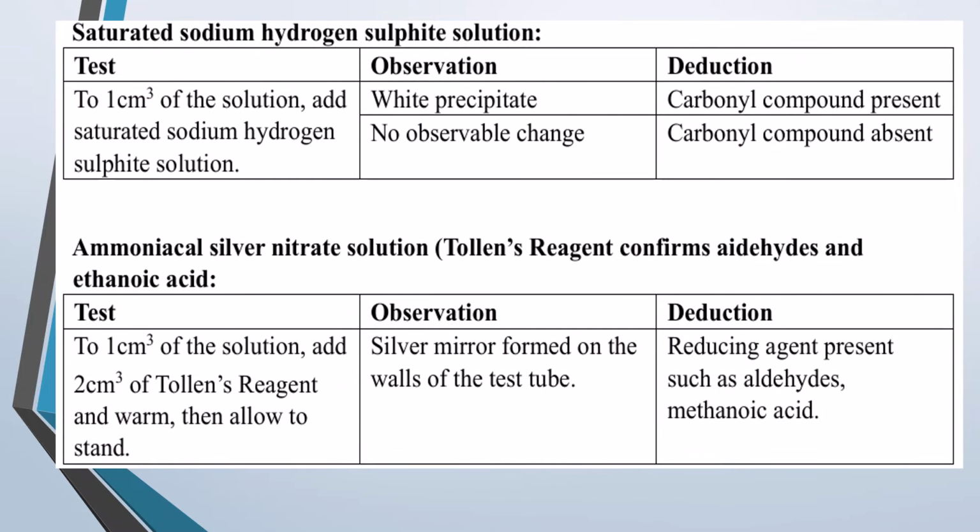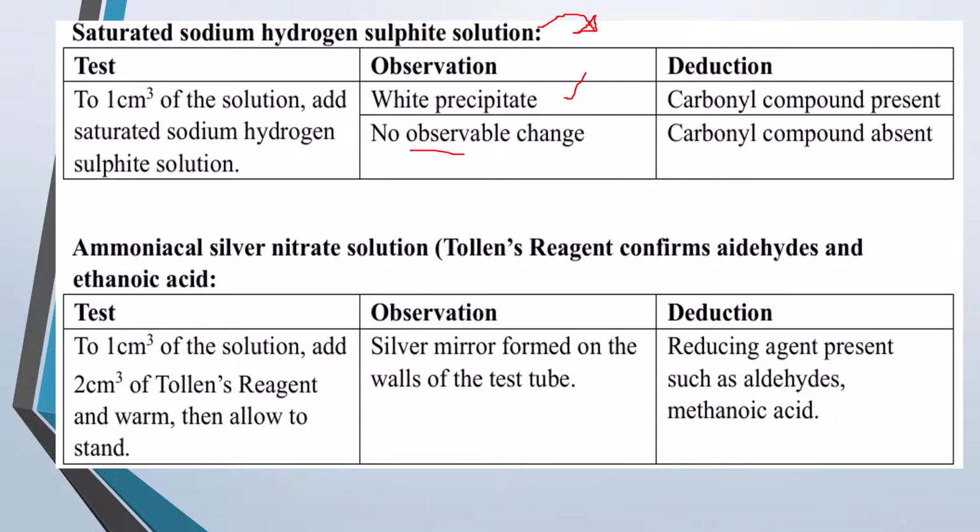So looking at the next reagent, we are going to look at sodium hydrogen sulfite solution. Just like Brady's reagent, sodium hydrogen sulfite solution also tests for the presence of carbonyl compounds. For a positive test with it, you are going to observe a white precipitate. For a negative test, you are going to see no observable change.